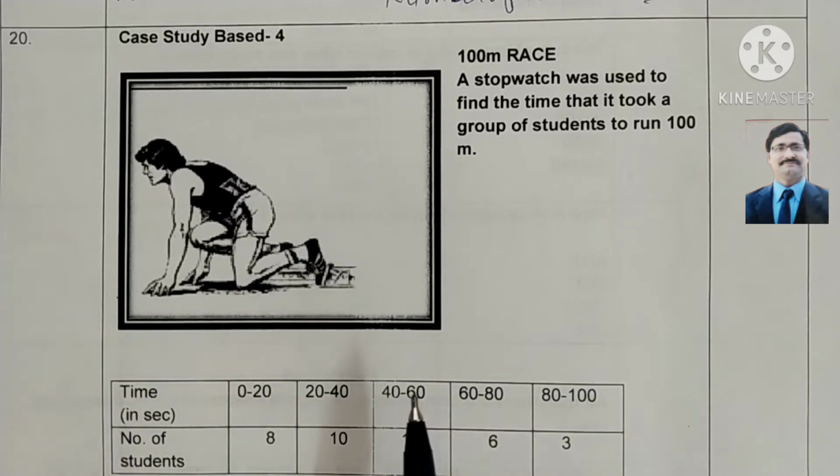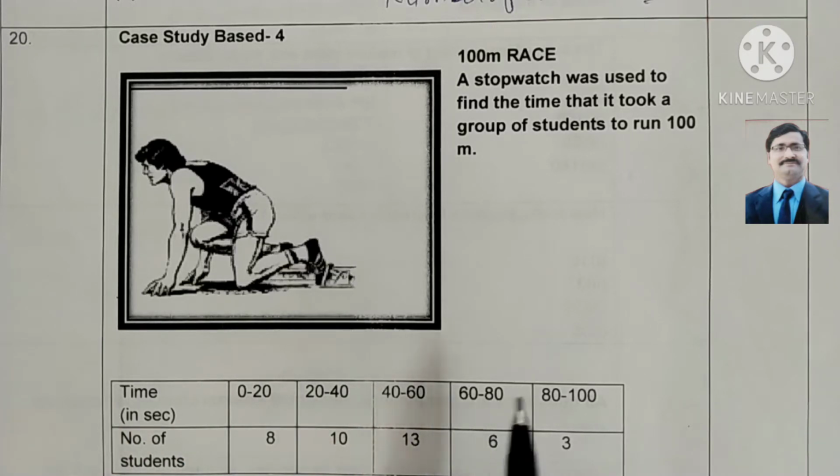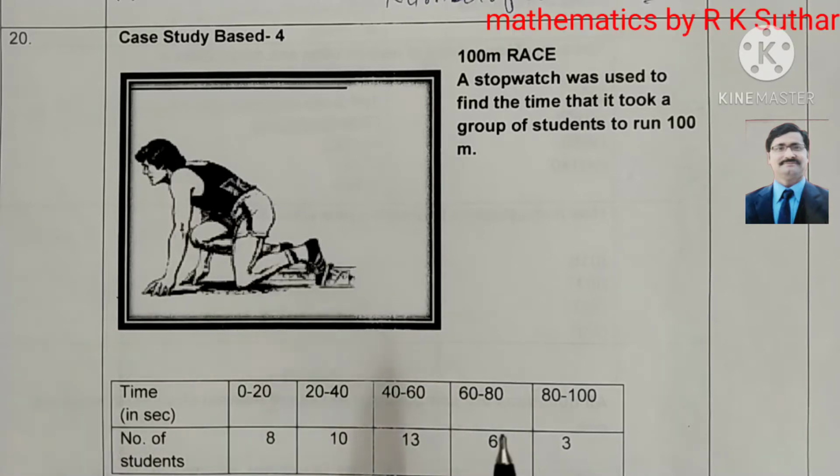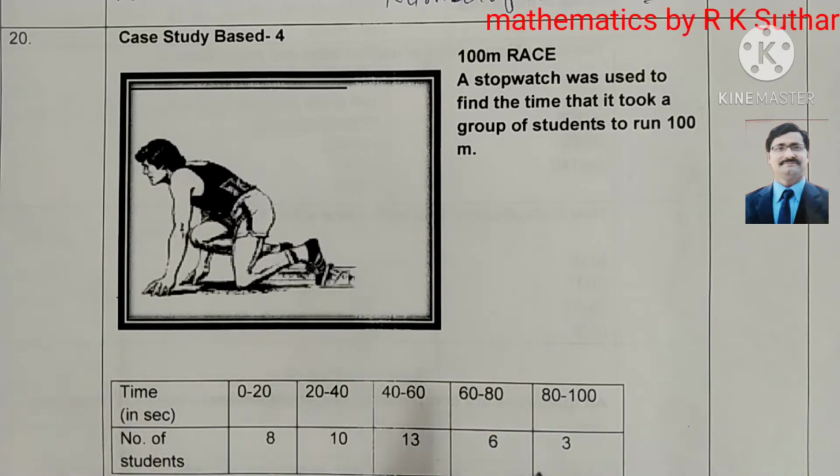In 40 to 60 seconds, 13 students complete, in 60 to 80 seconds, 6 students complete, and in 80 to 100 seconds, 3 students complete. So look here, on this basis we have to find the solution of the questions.